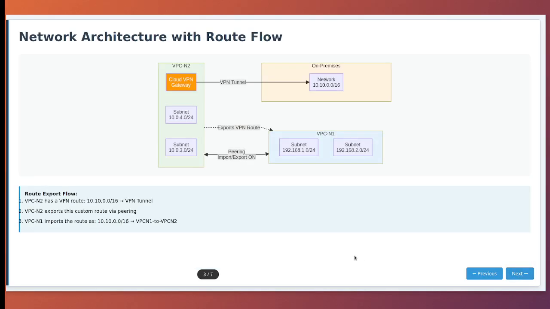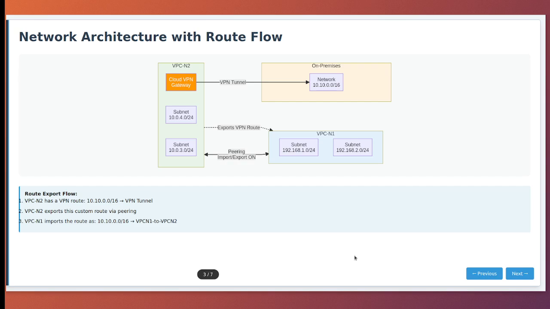Visualizing the network architecture. Let's visualize how the network is structured and how routes flow between the components. In our diagram, you can see VPC N1 on the left with its two subnets in the 192.168.x.x range, and VPC N2 in the middle with its subnets in the 10.0.x.x range.